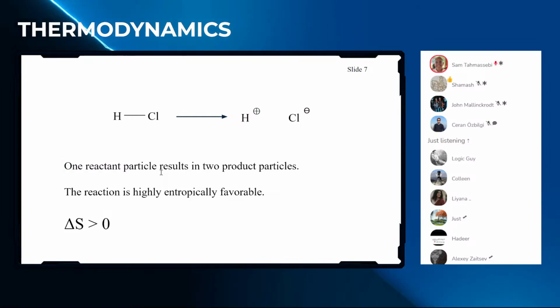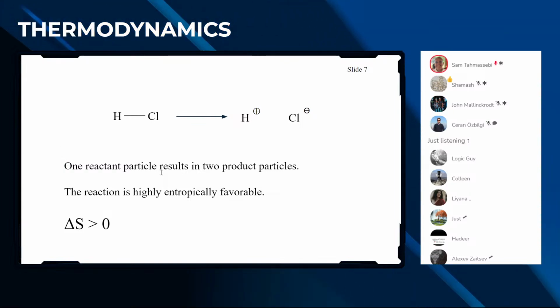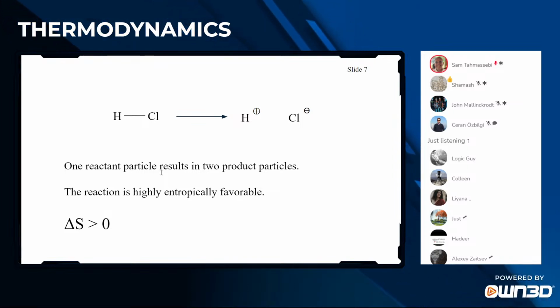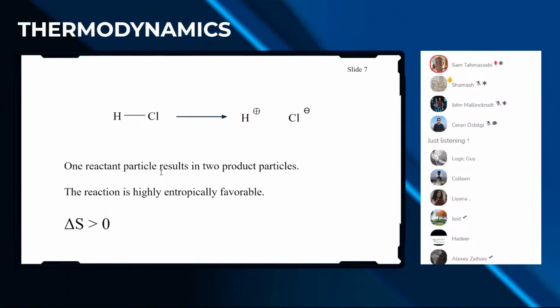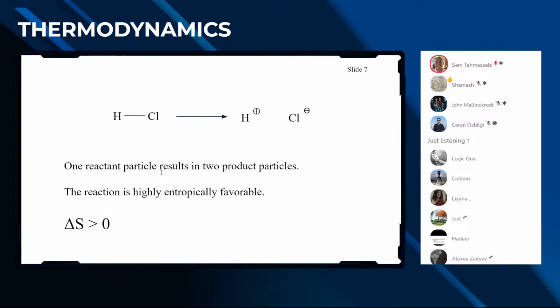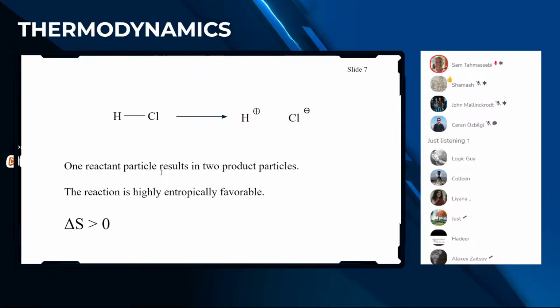So I have increased the randomness and the disorder in that universe, and therefore this reaction is highly entropically favorable. So the delta S of this reaction is much greater than 0. The fact that we don't see this happening all the time is because it's enthalpically unfavorable, but entropically it's very favorable.